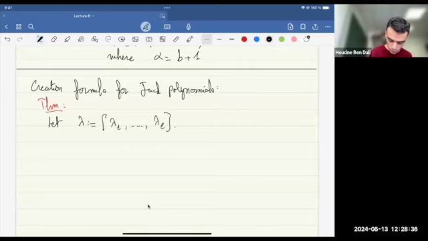What we can prove is that the Jack polynomial J lambda can be constructed using some differential operators. And these differential operators add the rows of lambda one by one.